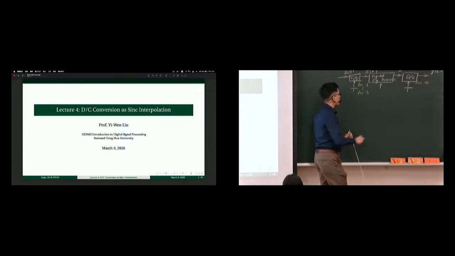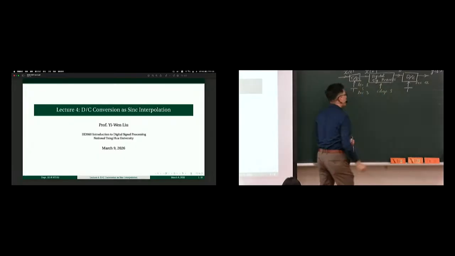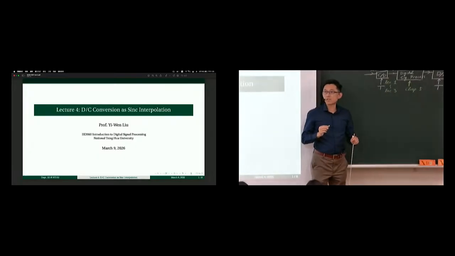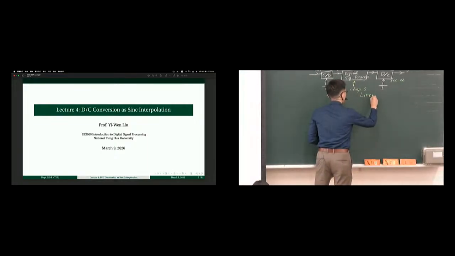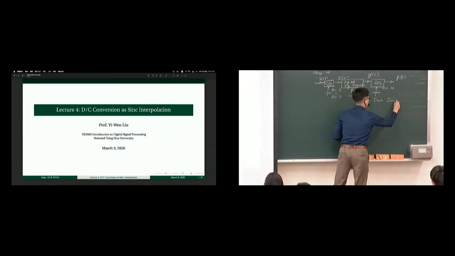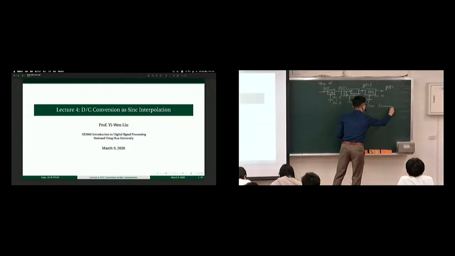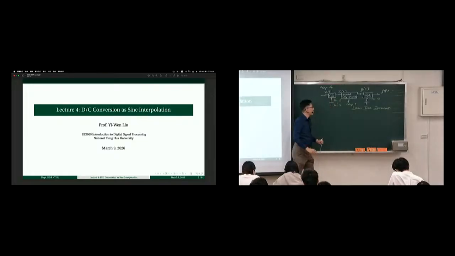So now we have chapter 5. Chapter 5 is going to focus on one specific kind of system by the name LTI, linear time invariant systems.